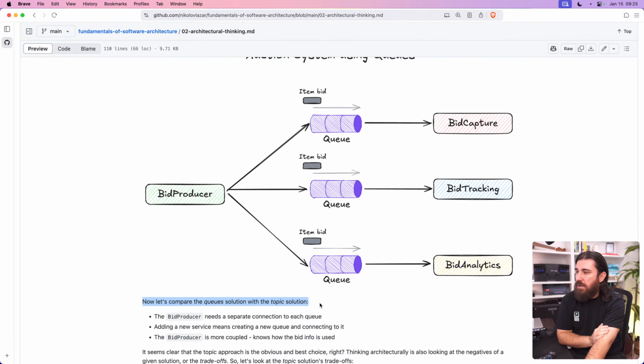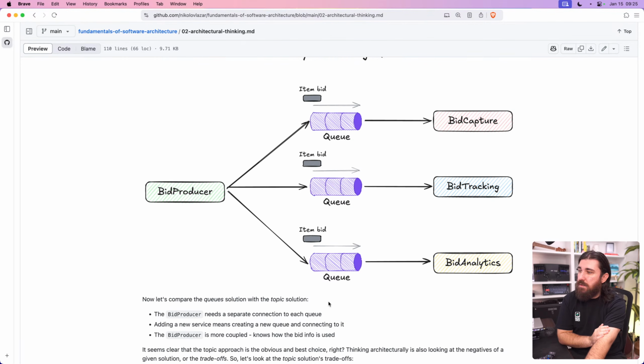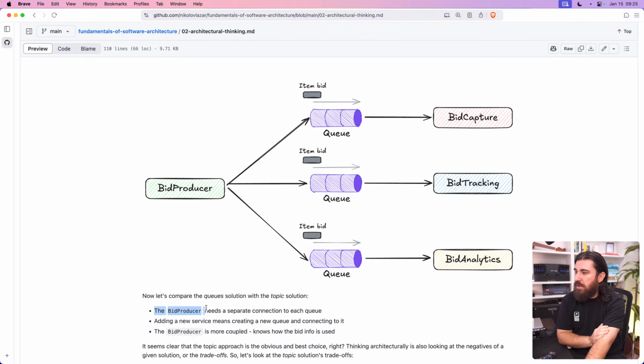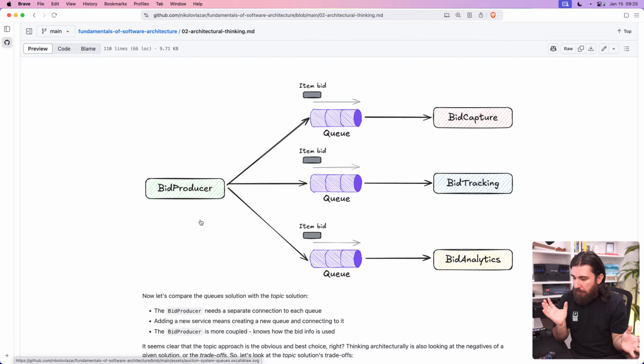If we compare the queue solution to the topics solution, the bid producer needs a separate connection to each queue. That's networking, that's latency, etc. And that's also three network requests to communicate one event.